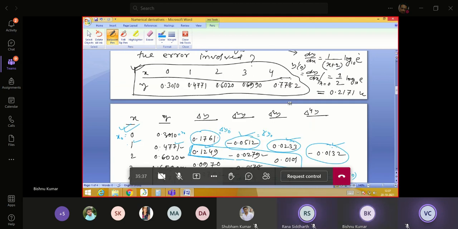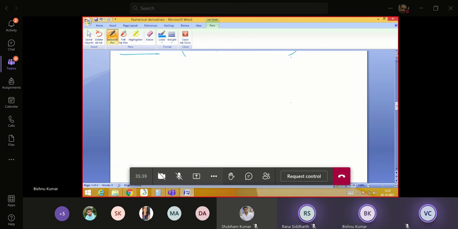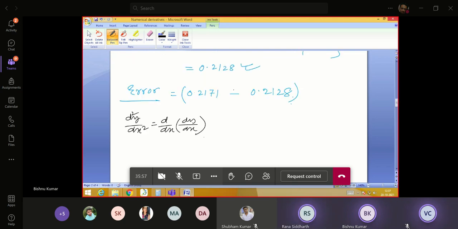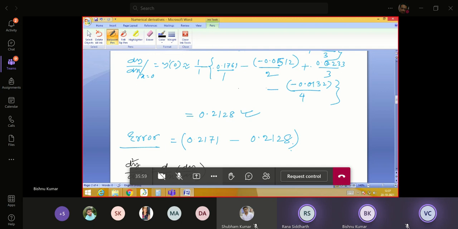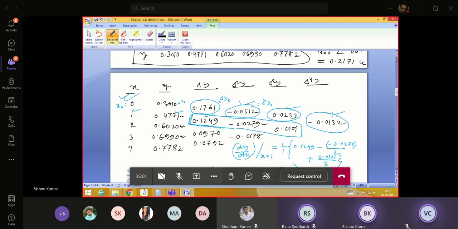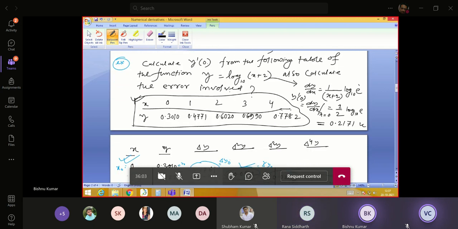Now, what will be the second derivative? d2y by dx2, d by dx of dy by dx. Exact value? That question is already done. That is the exact value.